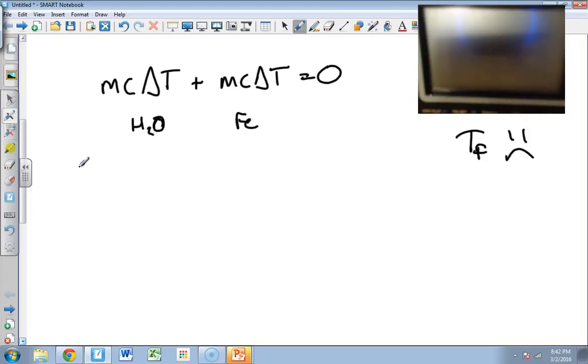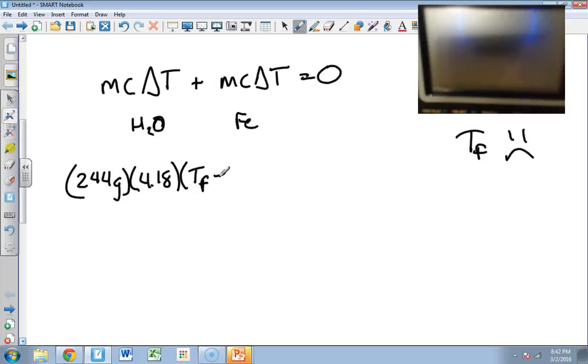So we get the mass here of the water. We're going to do the water first. That's 244 grams times the specific heat, 4.18, times the change in temperature. Now, the change in temperature is TF, remember, the TF is the same, minus the initial temperature.